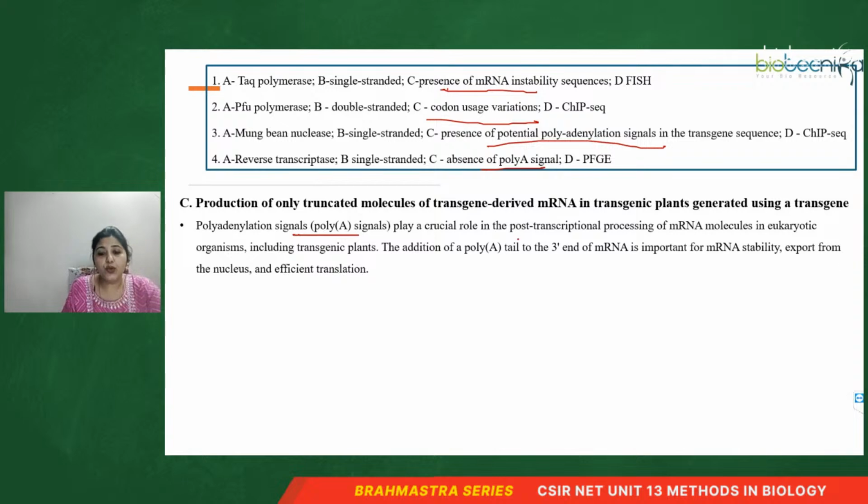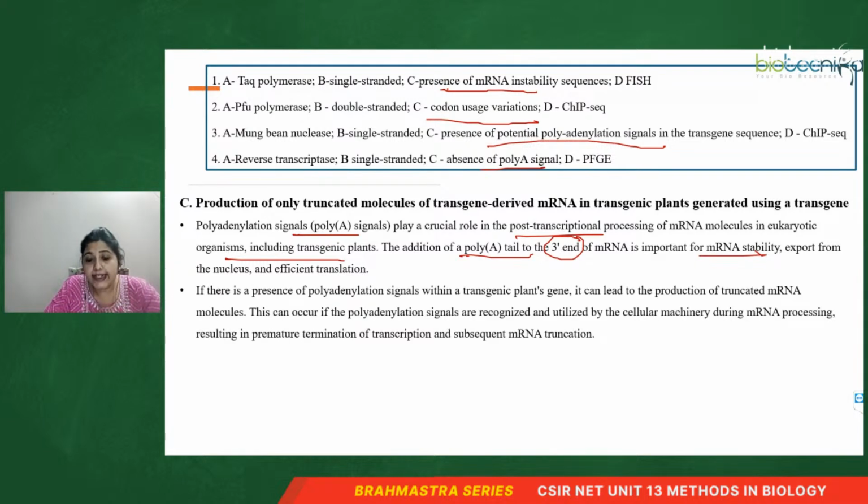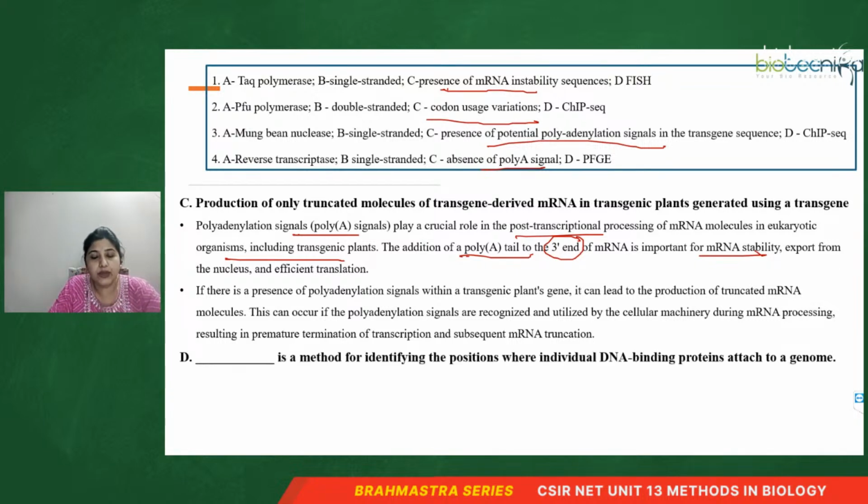Polyadenylation signals play a crucial role in post-transcriptional processing of messenger RNA in eukaryotic organisms, including transgenic plants. Addition of the poly A tail to the 3' end of messenger RNA is important for messenger RNA stability. If there is a polyadenylation signal within a transgene, it can lead to production of truncated messenger RNA molecules. Therefore, the blank in C should be presence of potential polyadenylation signal in transgene sequence.